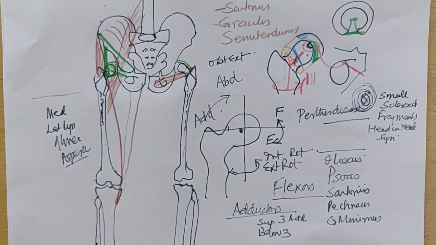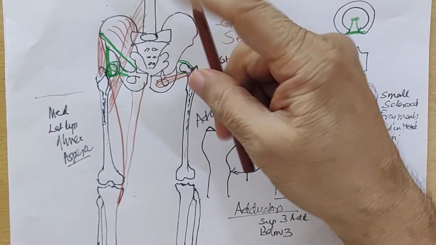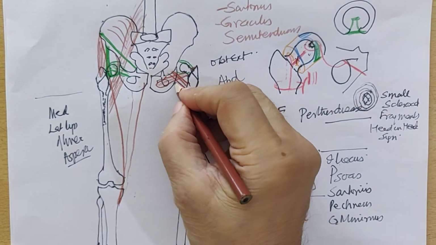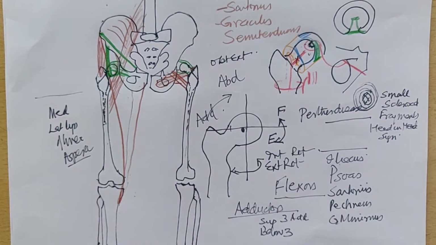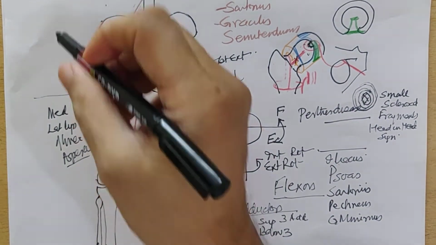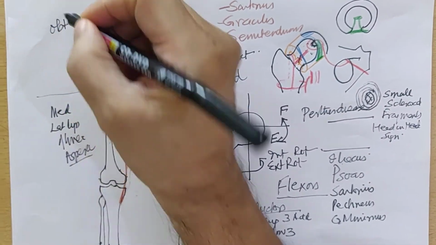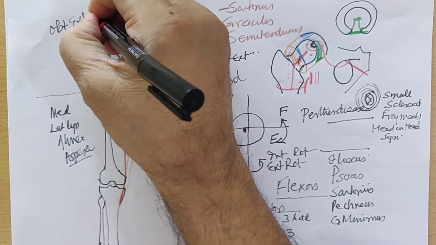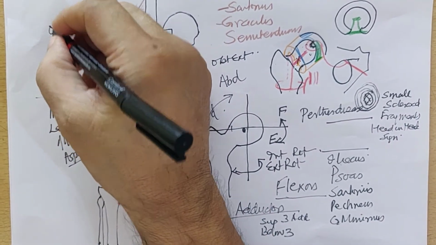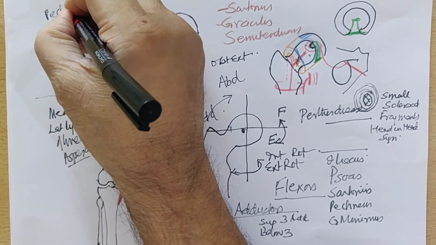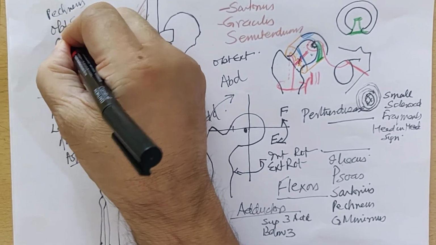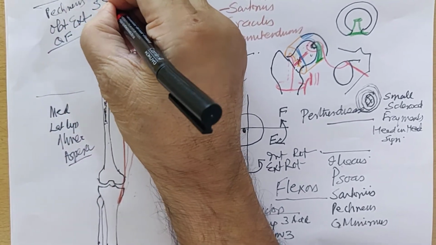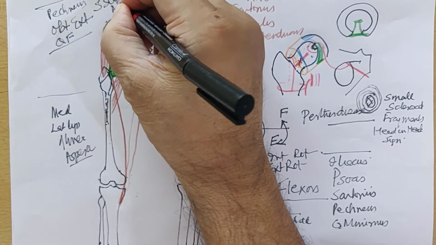And this muscle is sandwiched between the pectineus in front and the quadratus femoris behind. So obturator externus sandwiched between pectineus and quadratus femoris are the 3 superior adductors.